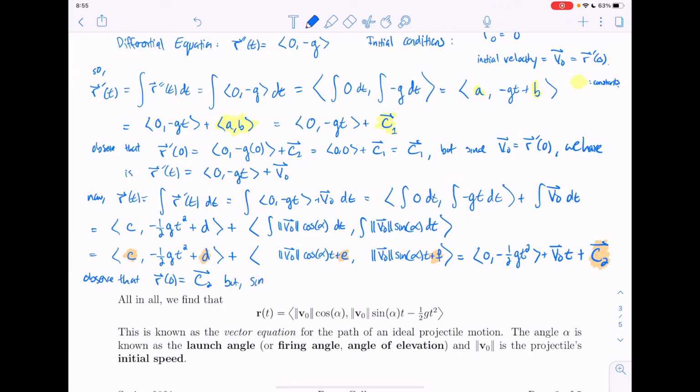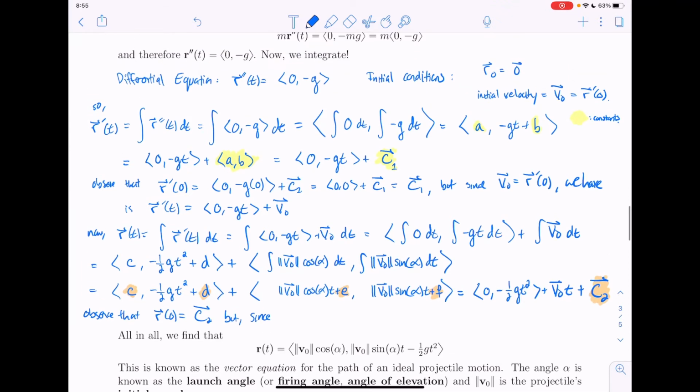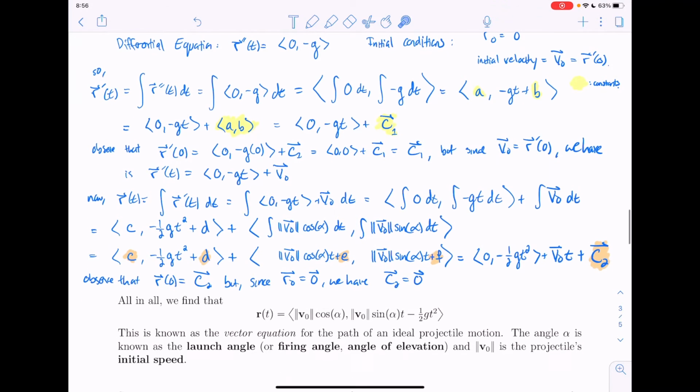But since our initial position here was assumed to be 0, since R0 is equal to the 0 vector, we have that C2 is equal to the 0 vector. So what that means is that R of t is not equal to this entire thing with an arbitrary C2, but it turns out that C2 is 0.